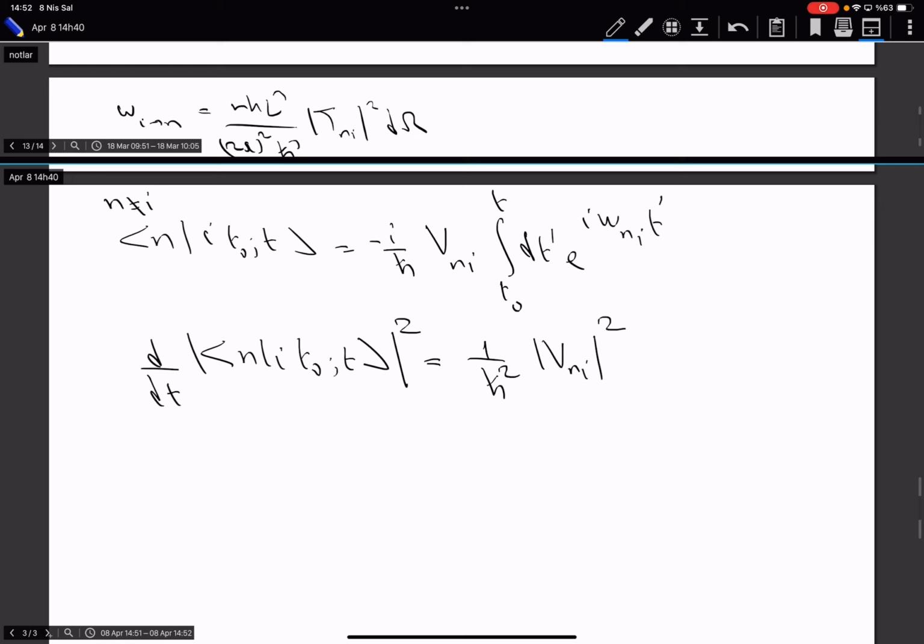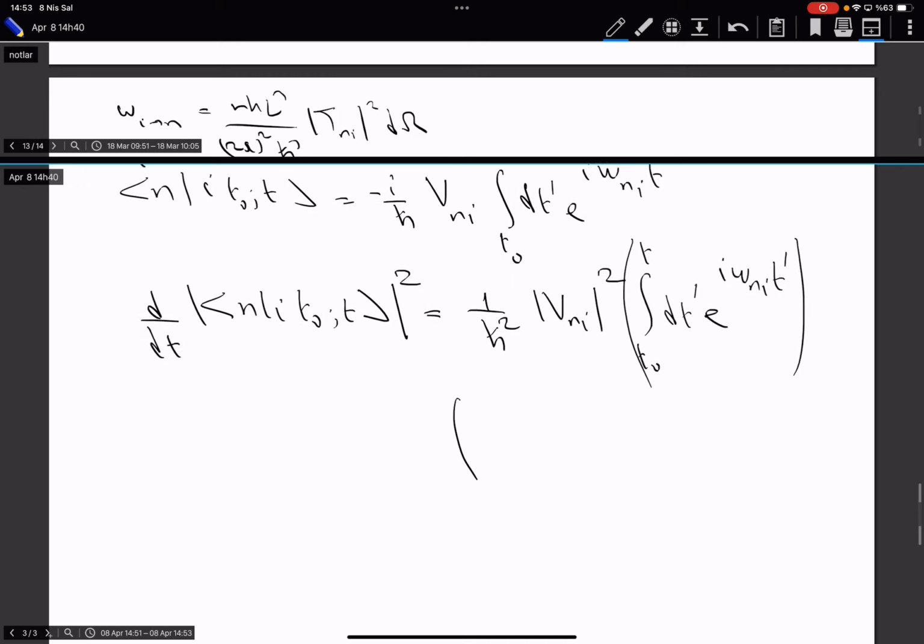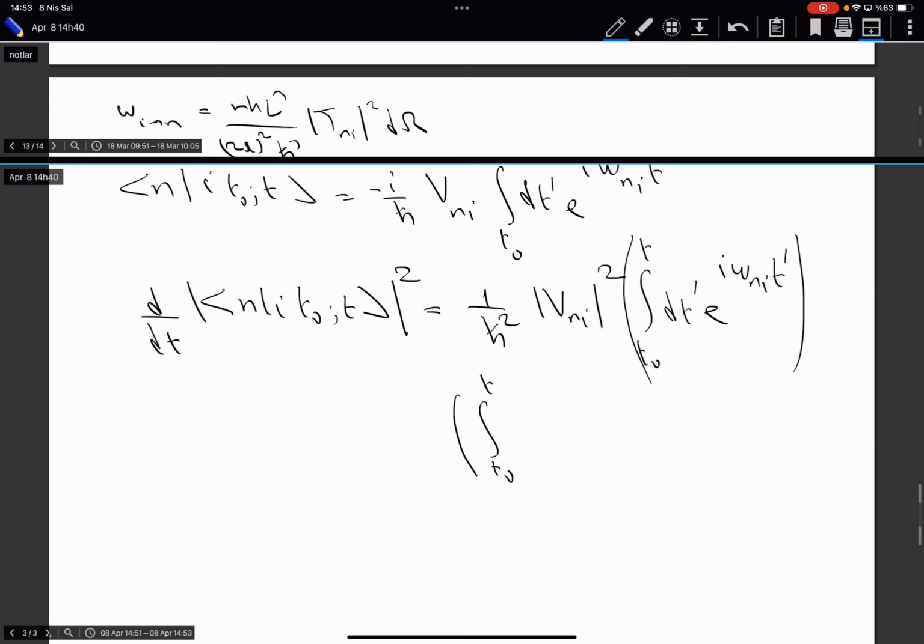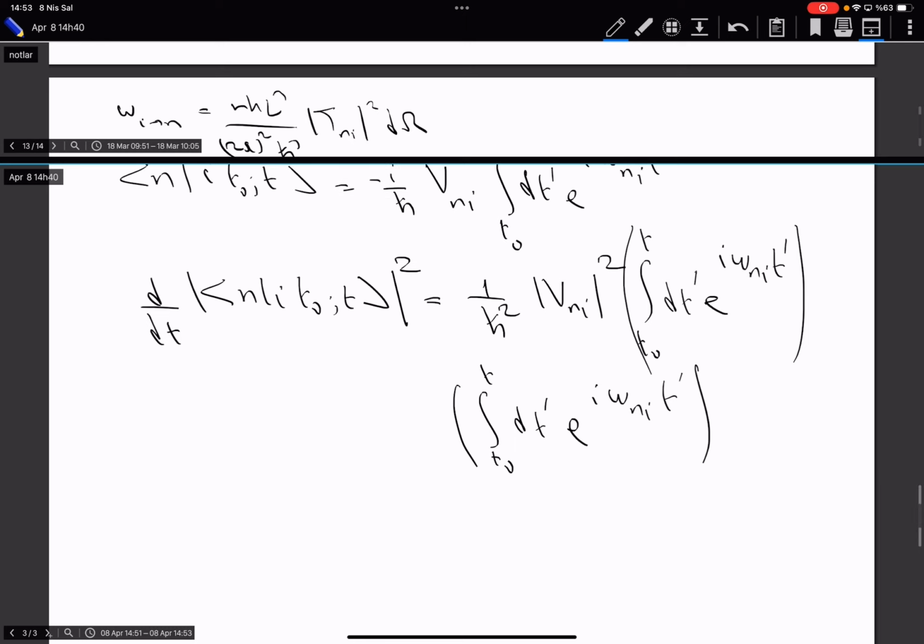This will be equal to the integral from t0 up to t, dt prime e to the power i omega_ni t prime, and then another integral from t0 up to t, dt prime e to the power i omega_ni t prime. We will be assuming that t0 is very far in the past, and we are at a much later time t.